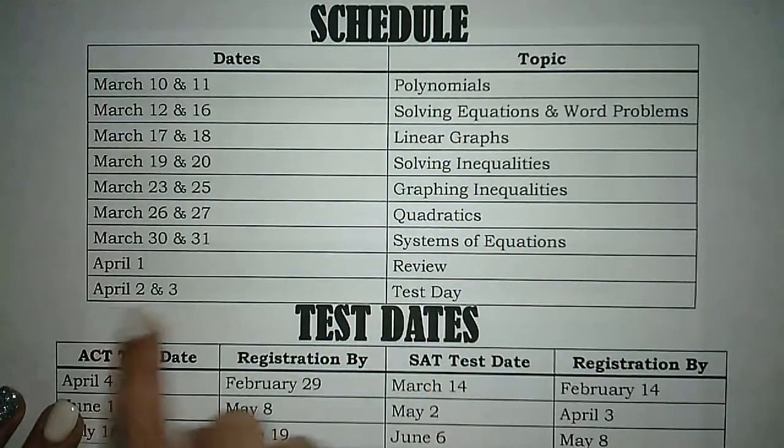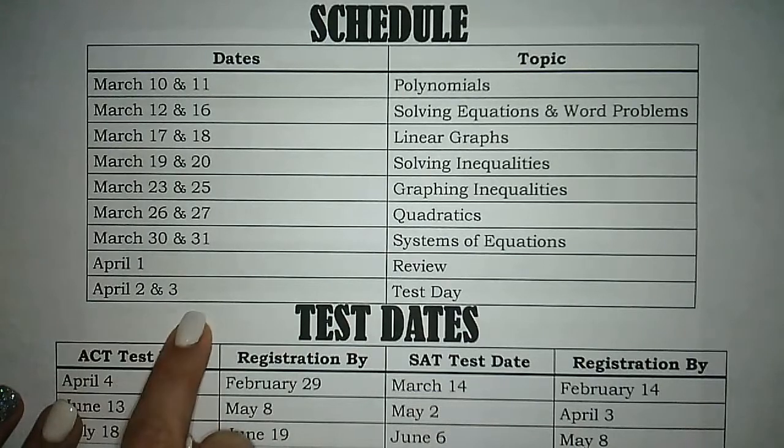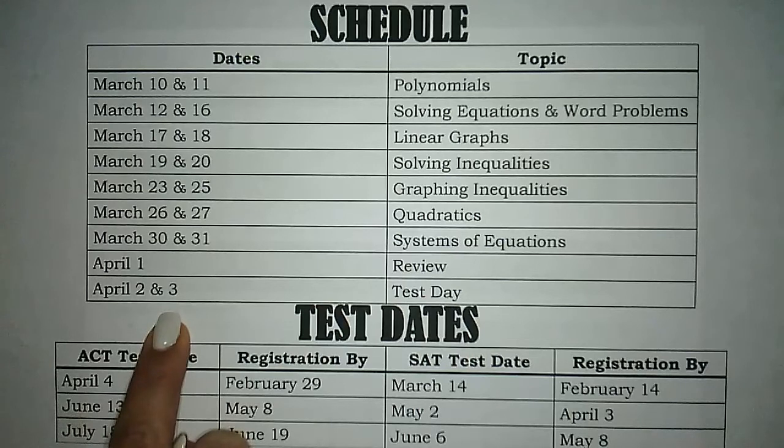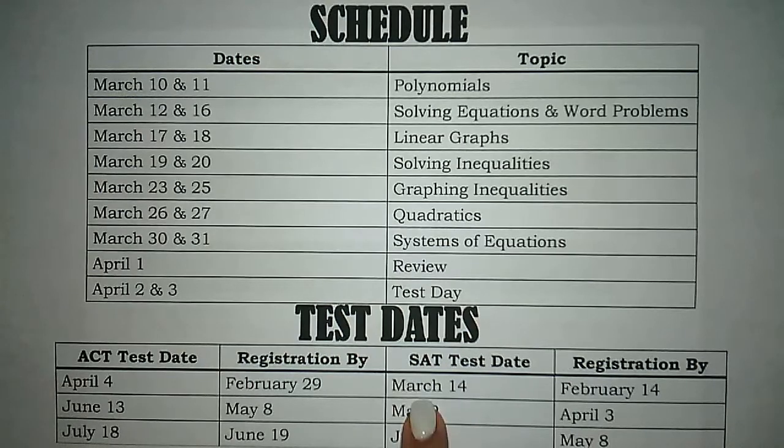And then just know that your test is the 2 days before spring break. So your next test will be April 2nd and 3rd, so make sure you are here for those 2 days. Keep in mind the SAT and ACT test dates. This March 14th one is almost here.